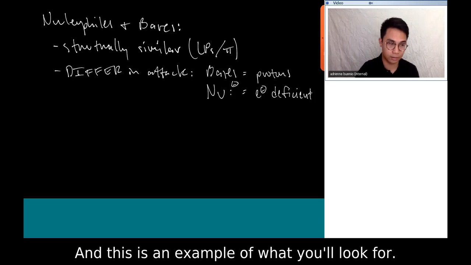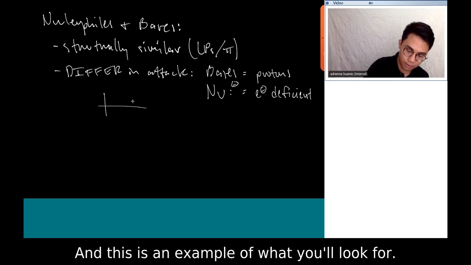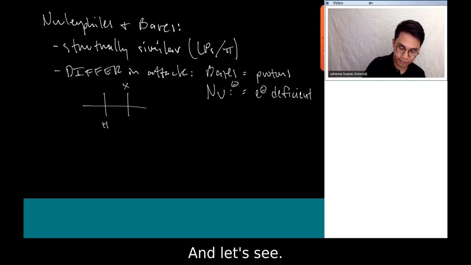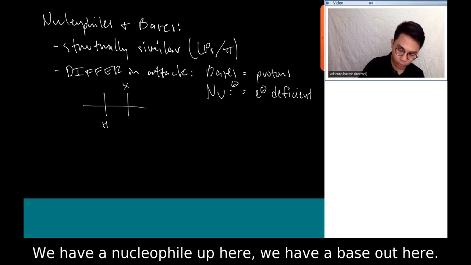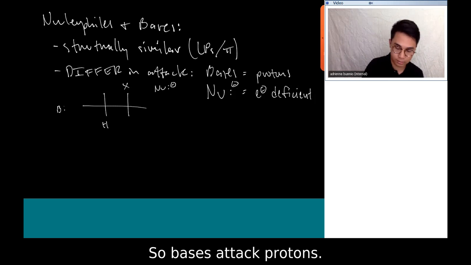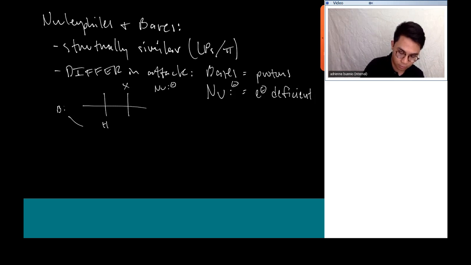And this is an example of what you'll look for. Let's say we have this molecule, we have a halogen here, we have a proton there, and we have a nucleophile out here, we have a base out here. Where are they going to attack? Bases attack protons, so it's going to attack this proton, right?